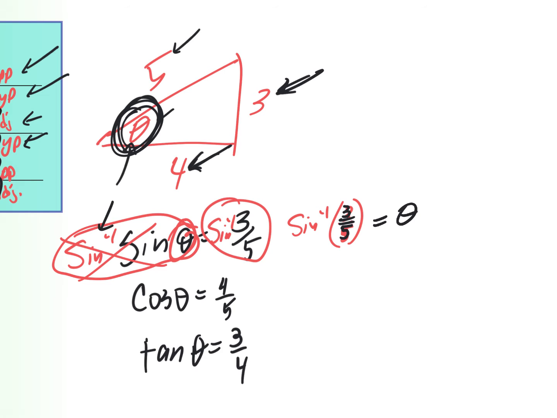I did inverse sine to undo sine, and then I have theta equaled inverse sine of 3/5, which came out to about 36.9 degrees. Now, if you got something completely different than that, you're probably in radian mode on your calculator.